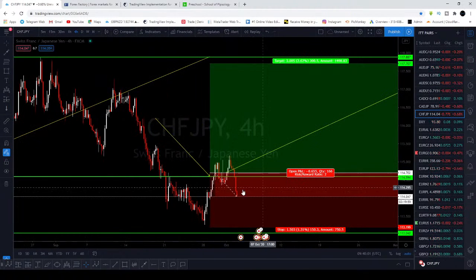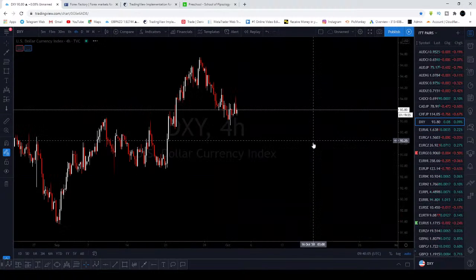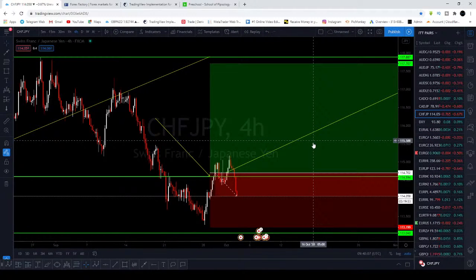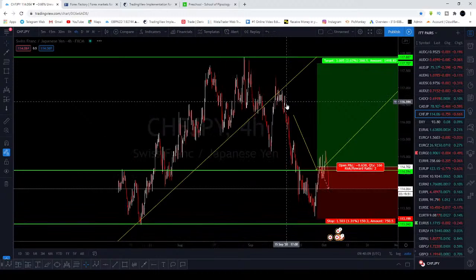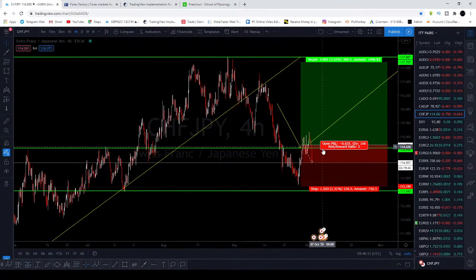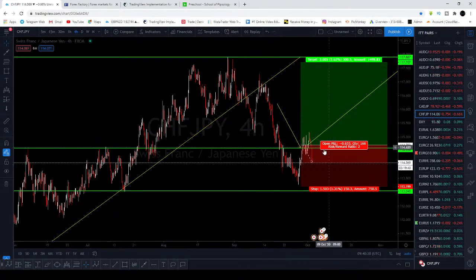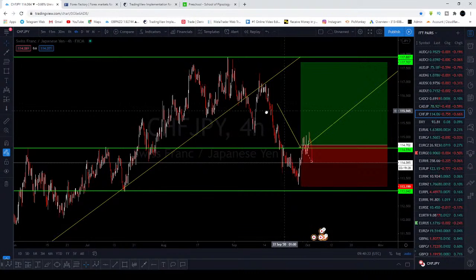That's why I told you guys to set stop loss to break even, right? So that's that for CHF JPY. I saw changes, and I told you guys to set stop loss to break even, and now it still continues to go to the downside. But we'll see what will happen next time.